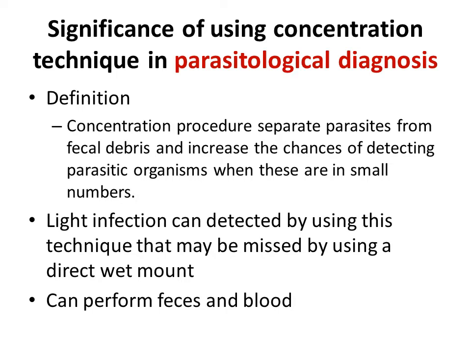For example, a urine specimen: if you are identifying Trichomonas vaginalis in your laboratory and you receive a urine sample, you can centrifuge it, take the deposit, and identify it. Centrifugation is also a concentration technique. We will discuss it in coming slides.